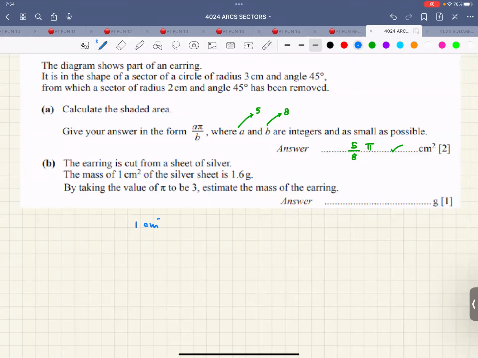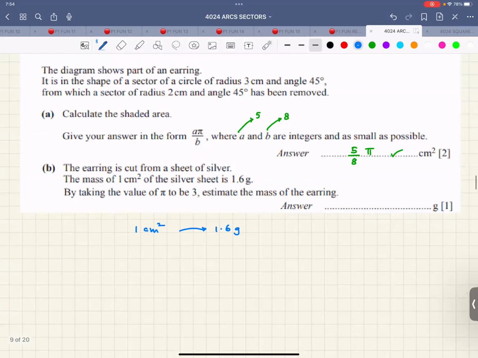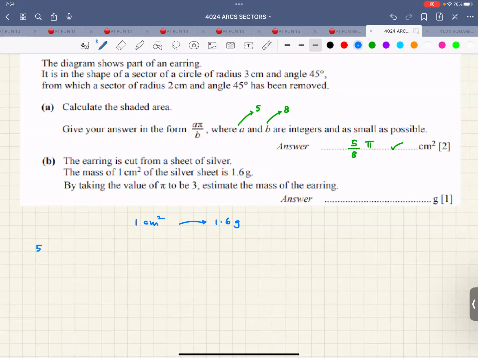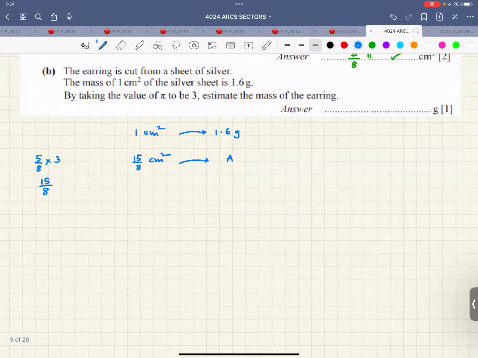1 centimeter square has a mass of 1.6 gram. And we have the area of earring, that is 5 over 8 into 3, that is 15 over 8. So 15 over 8 centimeters square will have a mass of A. So cross multiply. So basically this multiplies with this multiplies with this.